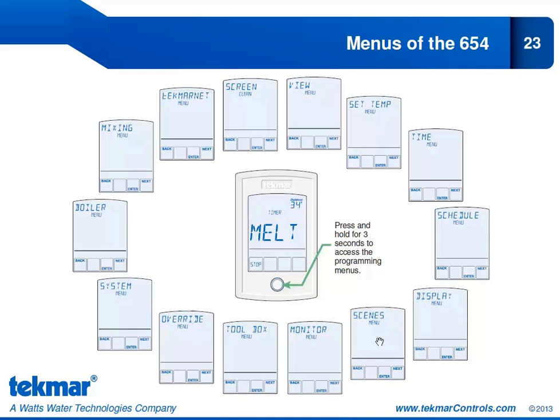The Scenes menu. Monitor. Toolbox. Override menu, which is new to a snow melt control, but you may be familiar with it from the Boiler Control 284. Our System menu, Boiler menu, Mixing menu, TechMarNet menu, and finally the Screen Clean menu.